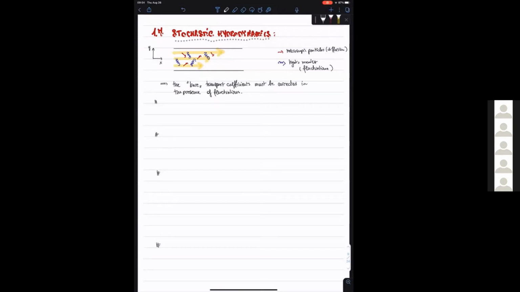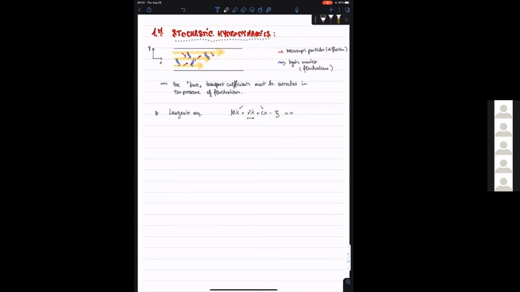So we can illustrate this problem with a simple example, which is the Langevin equation, an equation of this form. Where you have some deterministic terms, like this one and this one, and then you have a dissipative term.